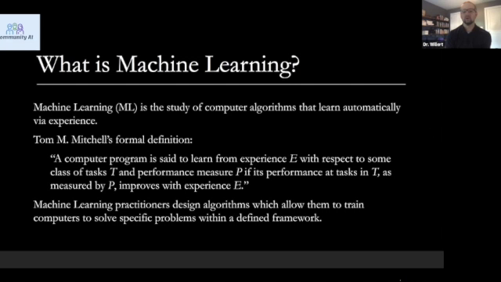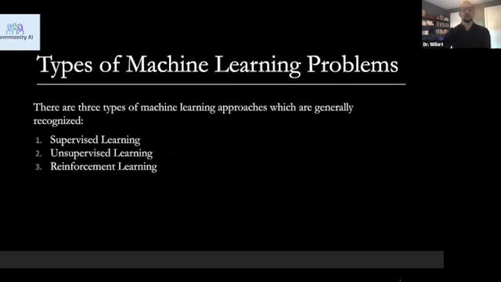But we also have to have some way to measure how well the algorithm's doing. And really, what does a machine learning practitioner do? They design these algorithms or employ these algorithms to solve problems within a defined framework. Some of you may already be familiar with this, but there are generally three types of machine learning approaches that are recognized in machine learning textbooks or many of the courses you'll find online.